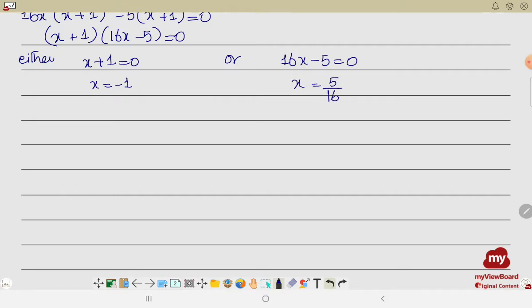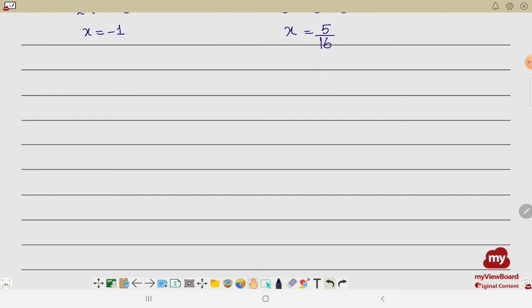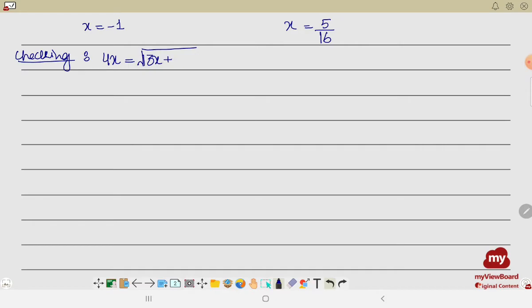Now before writing down the answer, we just have to recheck whether the original equation satisfies these answers or not. For checking, let me write down the original equation. That is 4x equals square root of 13x plus 14 minus 3.